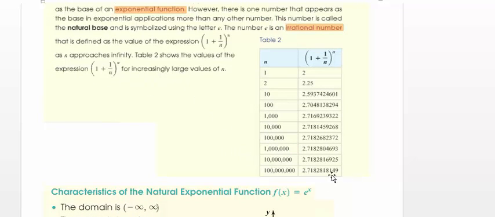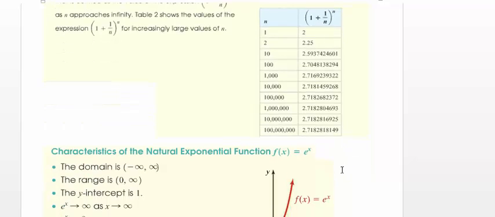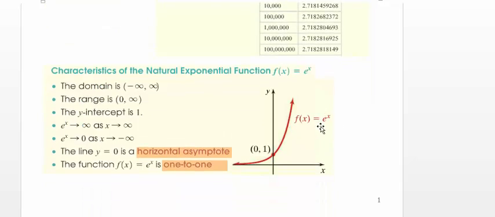The value that this approaches is called e, the natural base. So e is approximately 2.718.